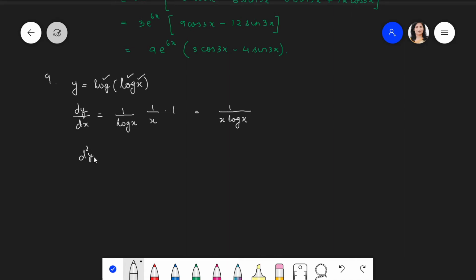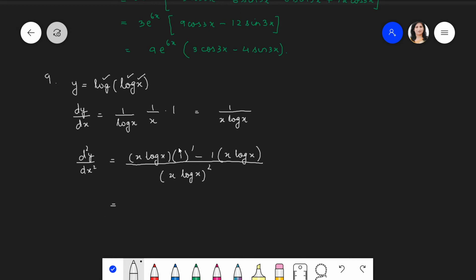Now the second order derivative, quotient rule. So x log x multiplied by the derivative of 1 minus 1 into the derivative of x log x upon the square of x log x.